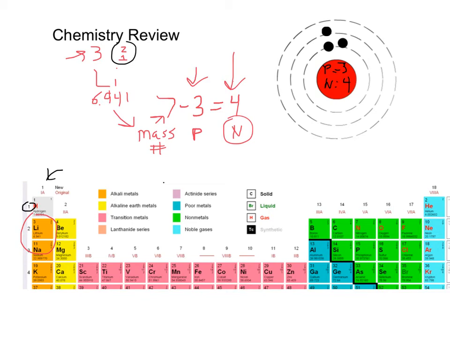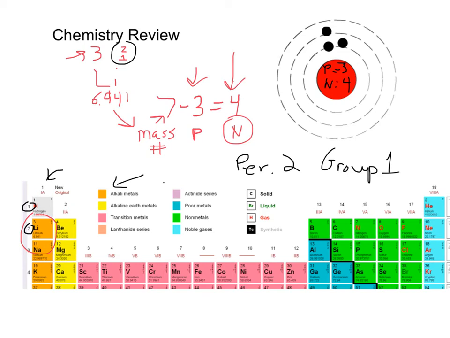So lithium is in period 2 and group 1. A lot of you mix those up on your quiz. You got your group and period mixed up. So you need to find a way to remember which is which. Later on, you'll be able to tell that lithium is in the alkali metal group. That's the name that its group has. And it's color-coded, so you should be able to tell that by looking at your periodic table.